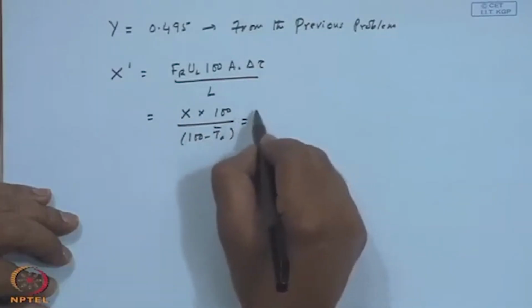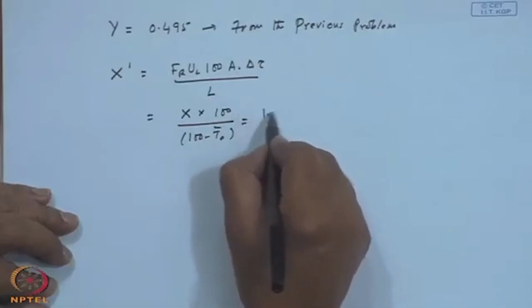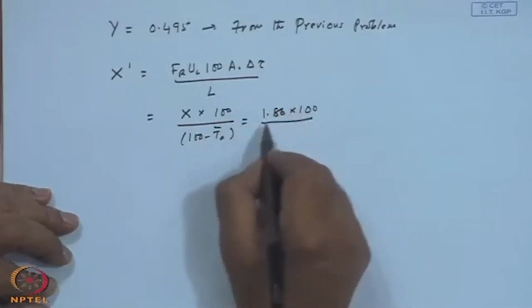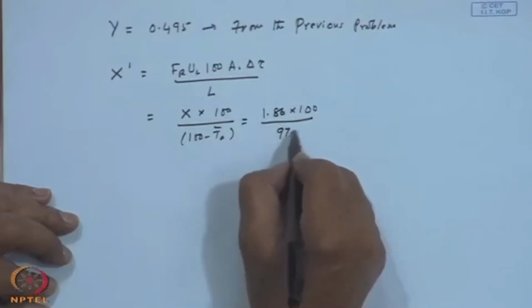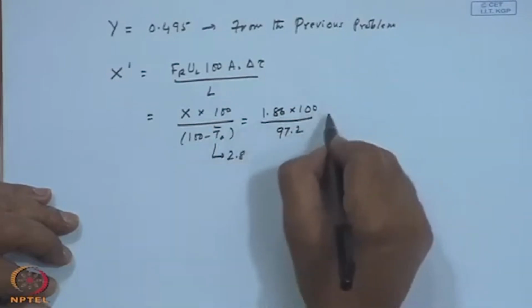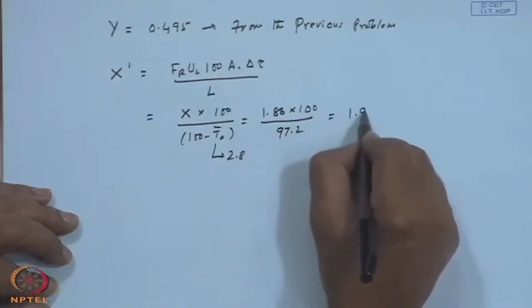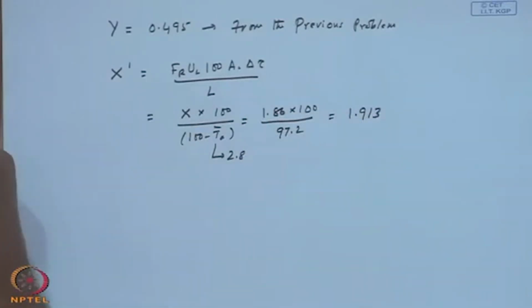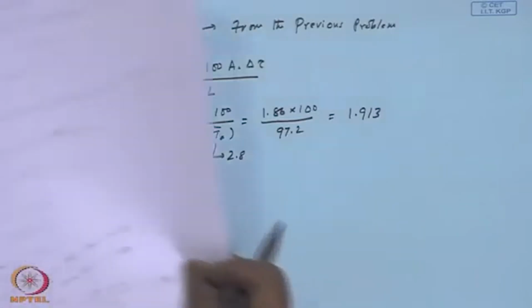It is a simpler way, since we already made the calculation. 1.86 into 100 by 97.2, this is 2.8. So, this will be 1.913. So, now we got y, we got x dashed. So, we are all set to calculate the solar load fraction.